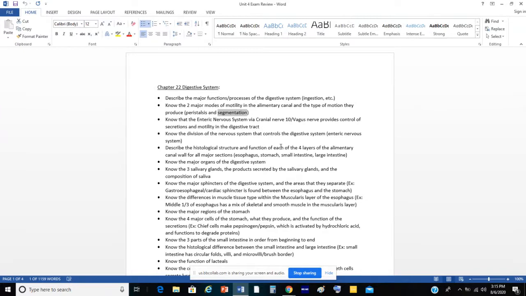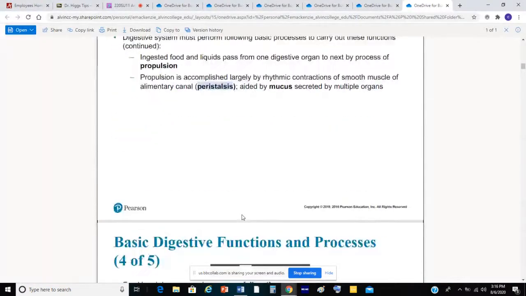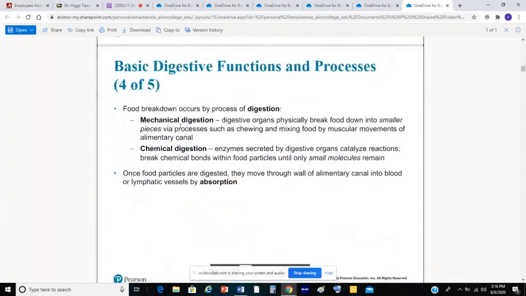In the intestines, it's called segmentation. So you could push things along with contractions of smooth muscle, peristalsis, or you can mix and churn things up. That's segmentation. And those are the two types of movements that we see primarily in the digestive system.